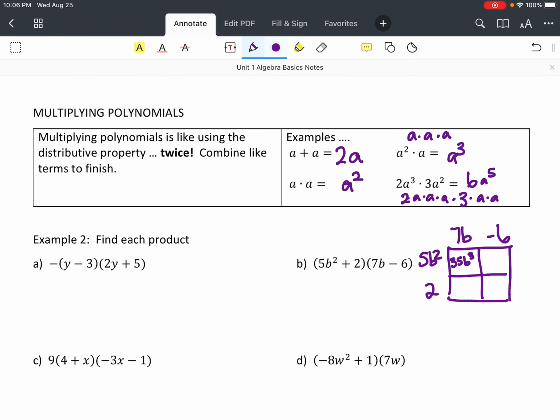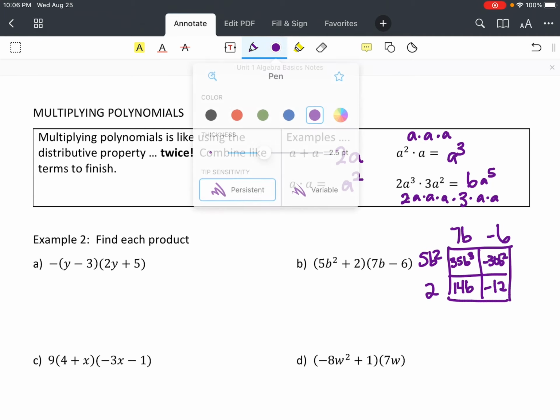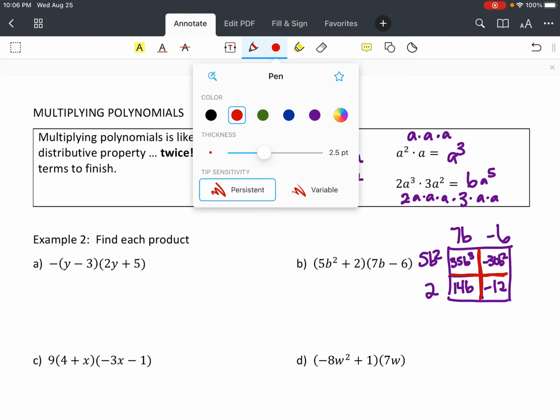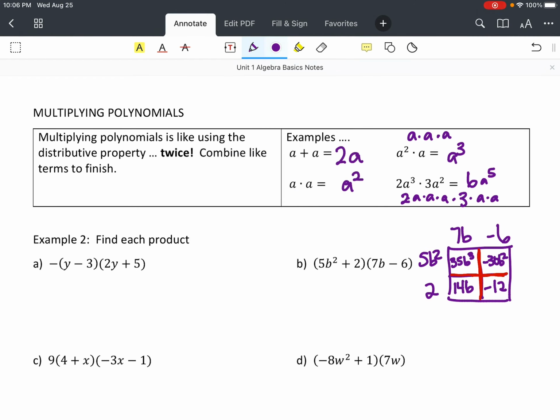5b squared times -6 is -30b squared. 2 times 7b is 14b. And 2 times -6 is -12. When we look inside the box, I want you to notice that this window pane right here kind of resembles a big plus sign, and that's what we're going to do to the terms inside the box.